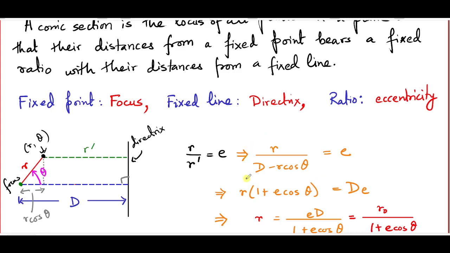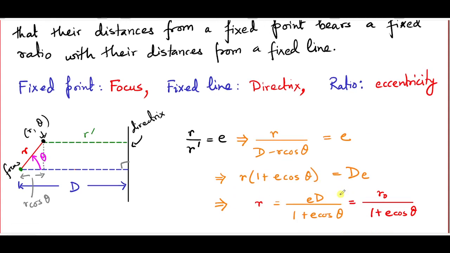And now you can easily rewrite that by multiplying this out and then moving all the r's to one side to get this. And this ultimately leads to r equals e times capital D by 1 plus e cosine theta. So we are back to our original solution of the Kepler problem, r0 over 1 plus e cosine theta.